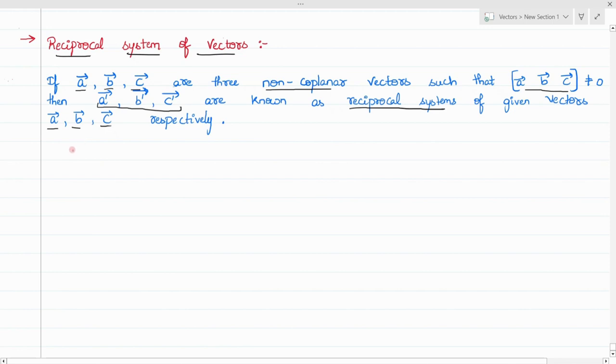And these reciprocal vectors are given in this way.